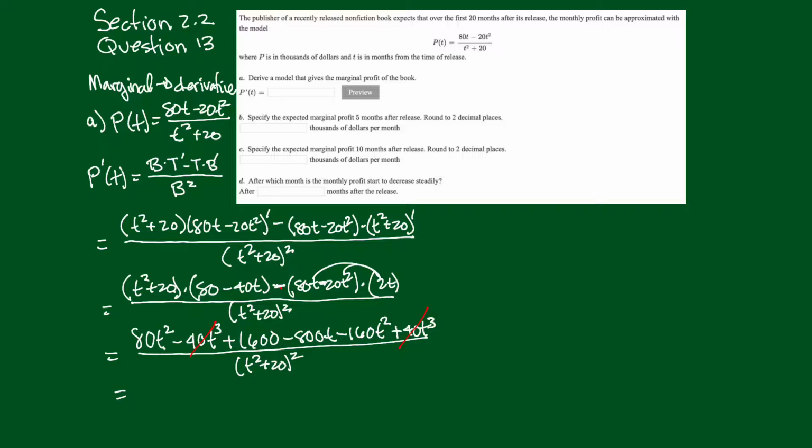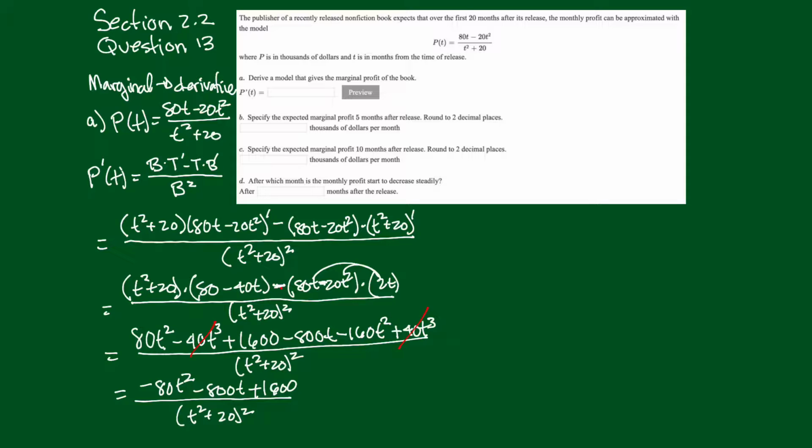That's going to give us negative 80t squared. And then I've got the 1600 and the minus 800t. So I'll write it like this: negative 80t squared minus 800t plus 1600, all over that denominator, t squared plus 20 squared.